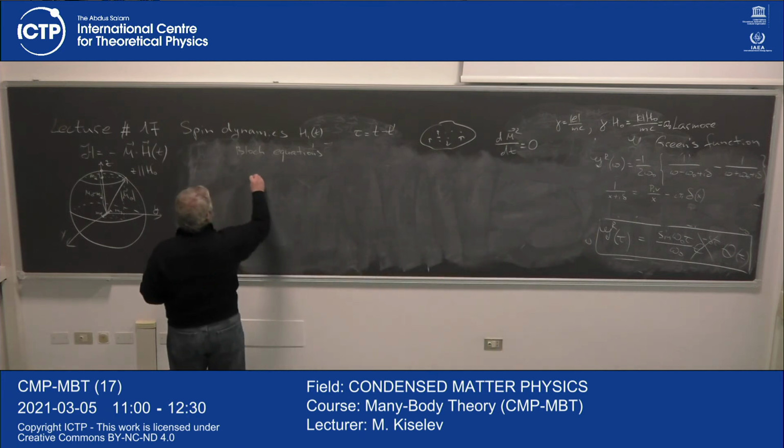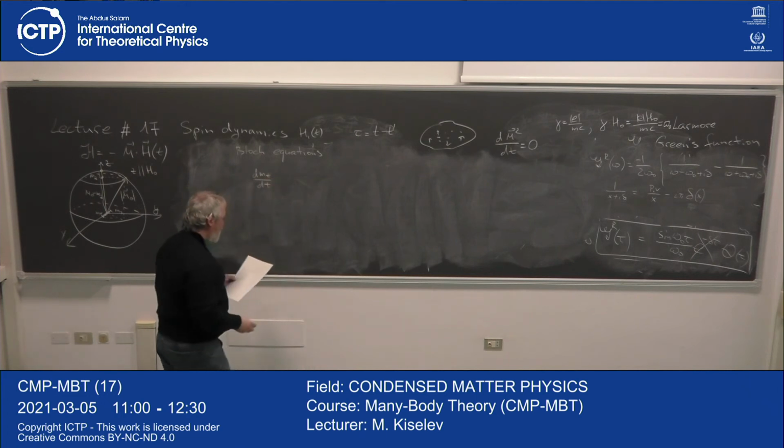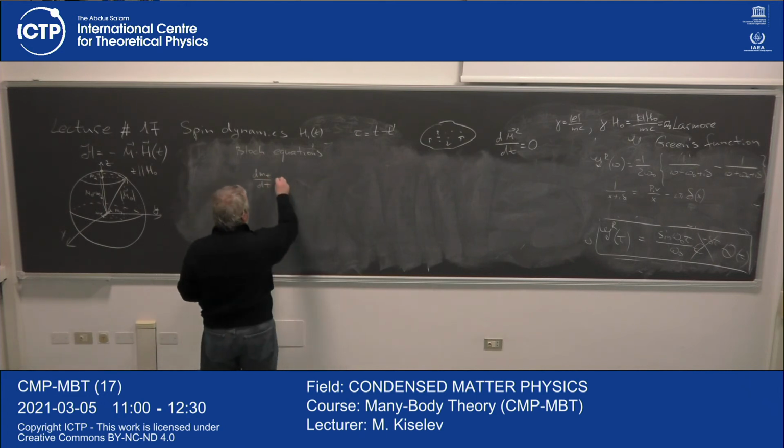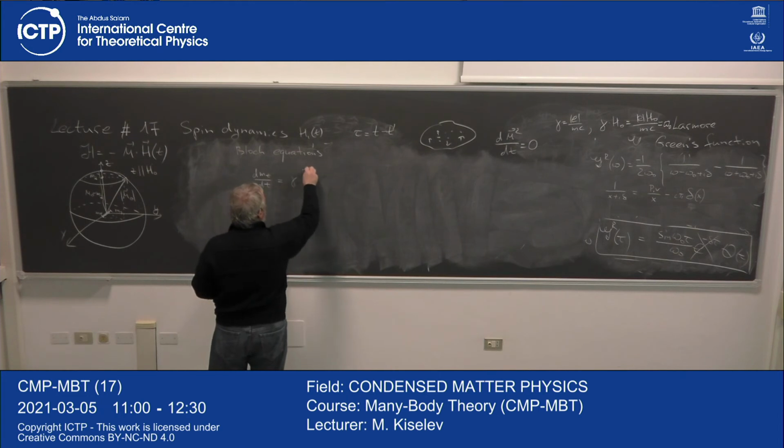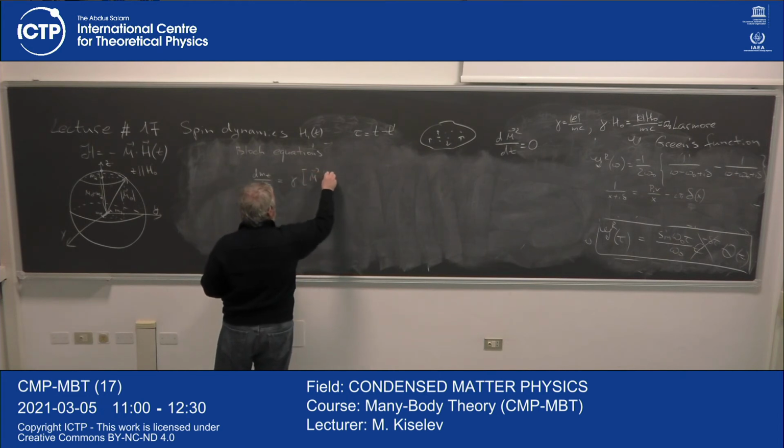What I'm saying is that let's write dm_z over dt. I'm restoring the equation, which is gamma m times the h z component.